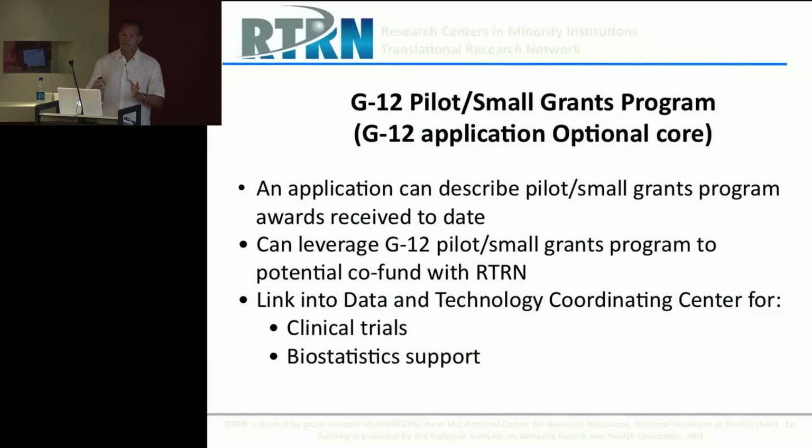And that is a little easier because there's more clinical trials going on. But those again are ways in which the clinical and translational research centers address this issue in their application.